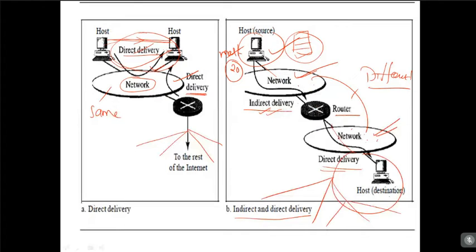ఇక్కడ ఒక నెట్వర్క్, ఇక్కడ ఒక నెట్వర్క్, అంటే we can say that it is a subnetting networking environment. It's a subnet. Why? Because the network is divided into two parts. One is for the router, another is for the router to the desired host device.